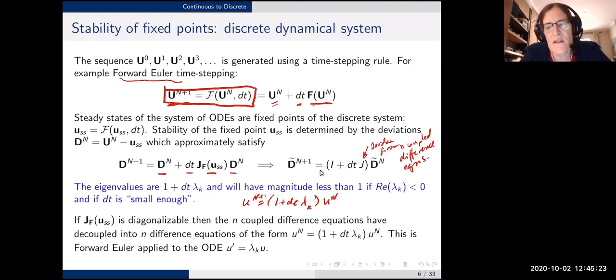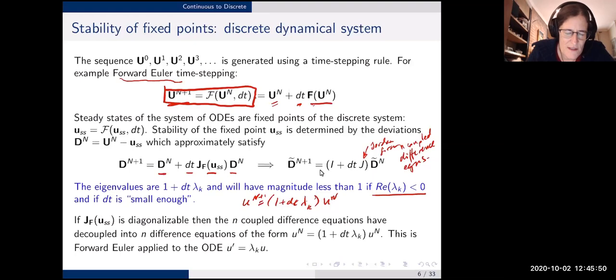So the point is that if the continuous problem has an asymptotically stable steady state, you would like your numerical simulation to respect the fact that the steady state is asymptotically stable. If the continuous system has an asymptotically stable steady state, all of those eigenvalues have negative real part.